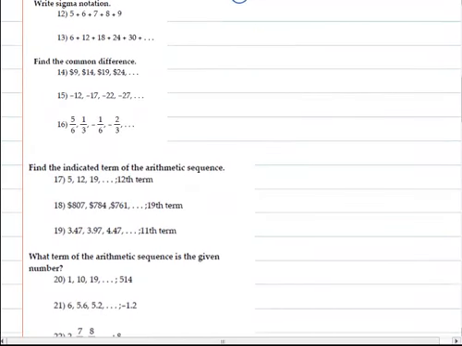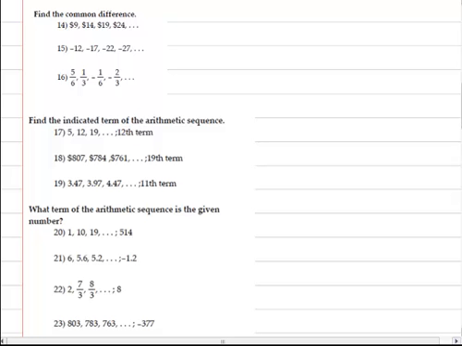Moving along, let's find the indicated term of the arithmetic sequence. Let's do number 18. Oh, I'm sorry, let's find the common difference. Let's do a common difference problem. Simple, just take the difference between these two terms.